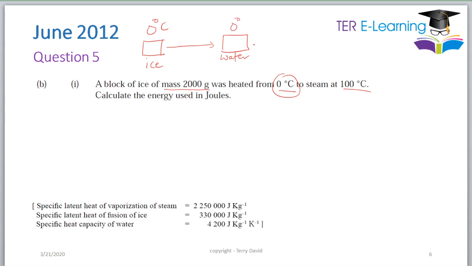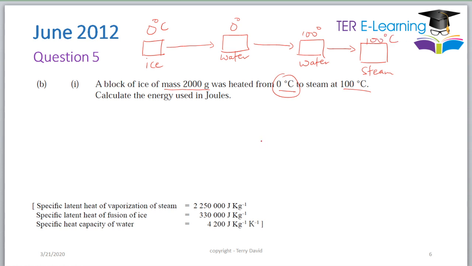Then the water at 0 degrees first has to go to water at 100 degrees, right? And then the last part is to convert this into steam at 100 degrees Celsius.